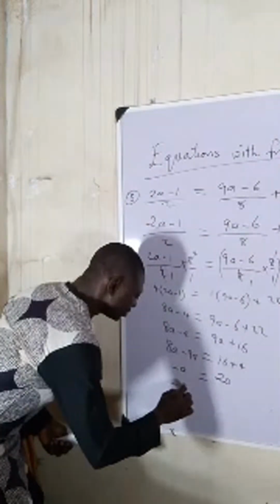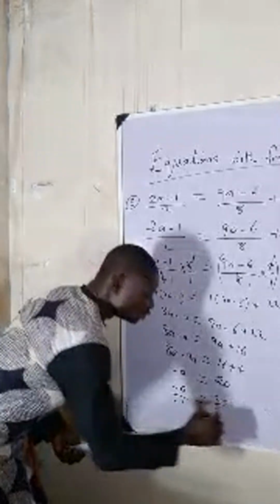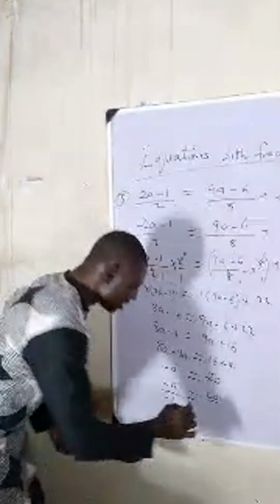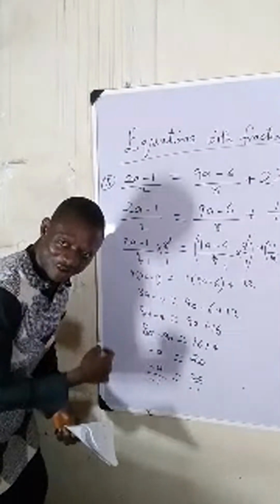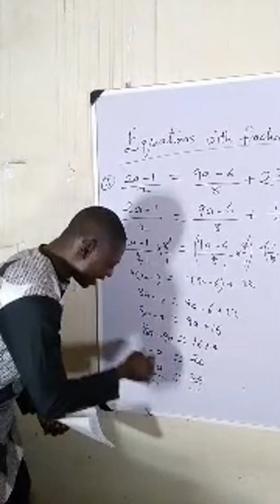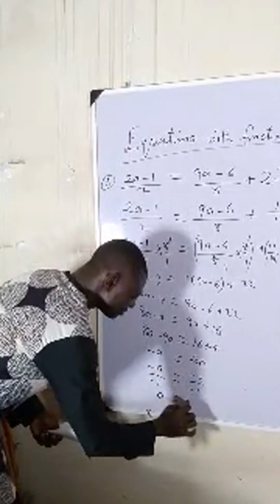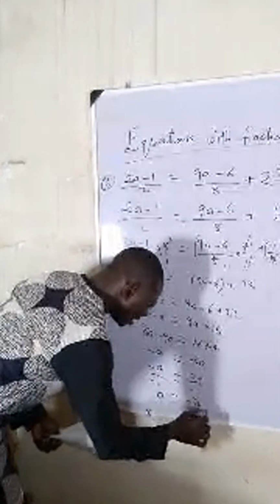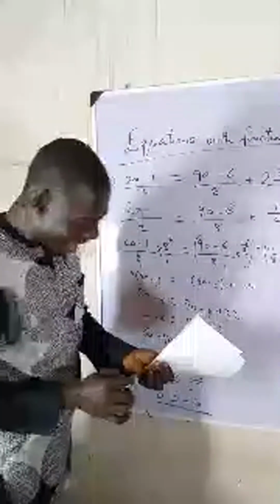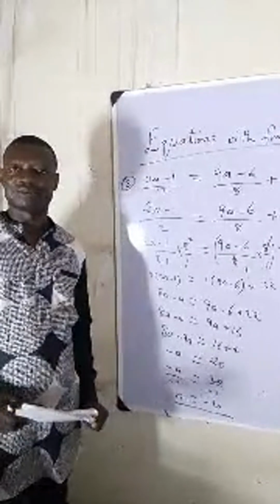So we have minus a or minus 1a is equal to 20, which we are sure is plus 20 over minus 1. Minus divided by minus, we have what? Plus. 1 divided a will give us a, no problem about that at all. And so minus divided by plus will give us minus. And then a is going to be equal to minus 20.